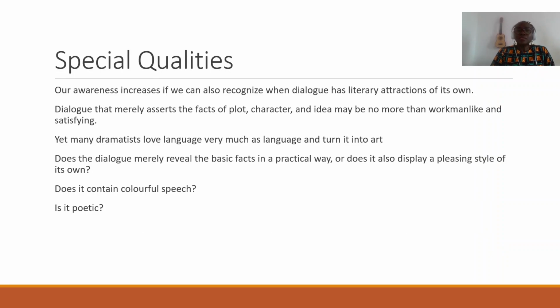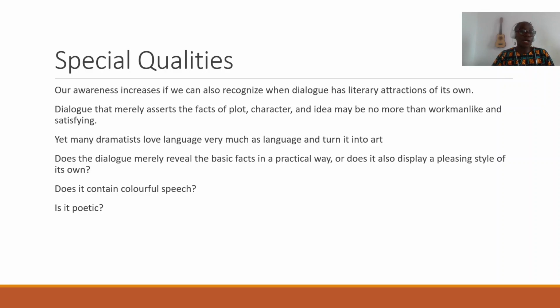Now, language has certain special qualities. You can either use language as a workman, just using it to express the facts of plot, character, idea, just that. Or you can recognize when dialogue has certain literary attractions of its own.